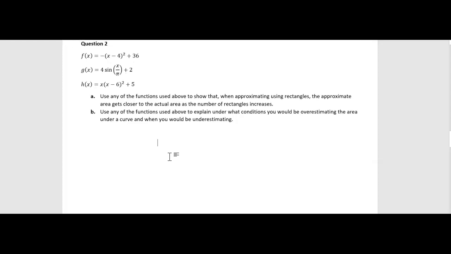So a question like this, if I was answering this, I would set up a table. I love tables. So you might do f of x, g of x, and h of x. And then you've got your actual area. And then we might do 3 rectangles, 5 rectangles, 10 rectangles.